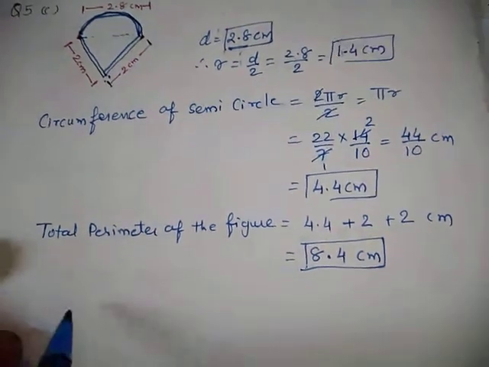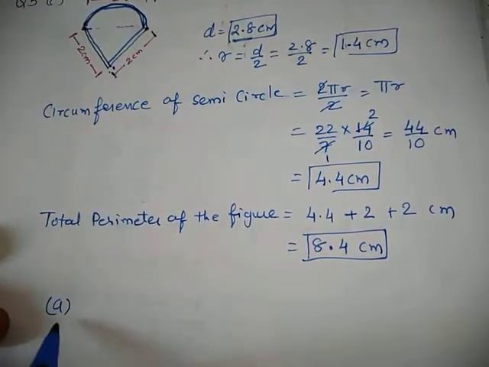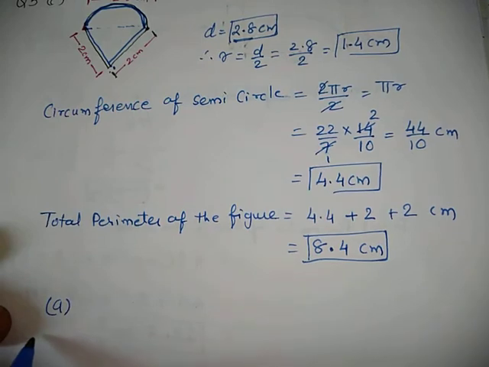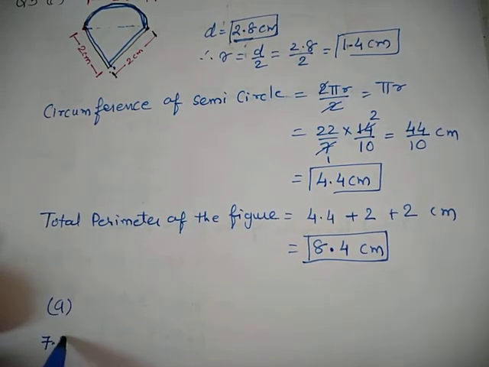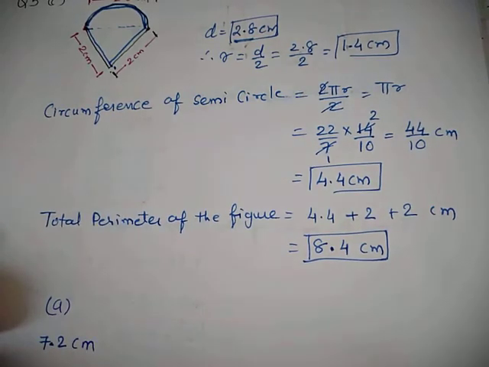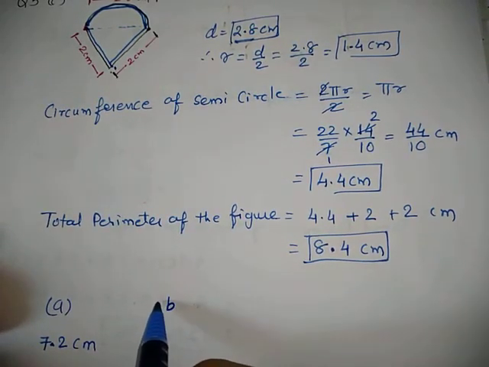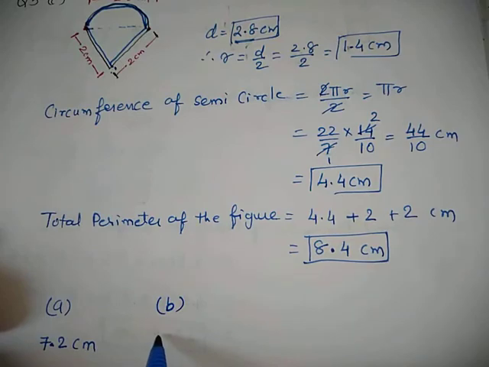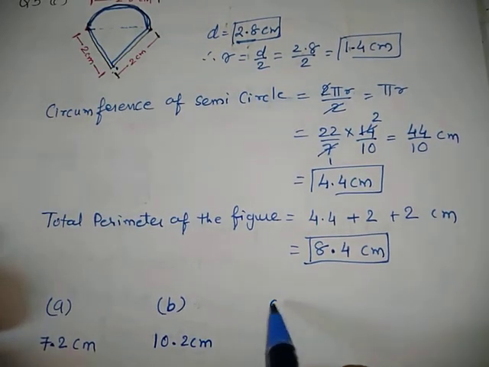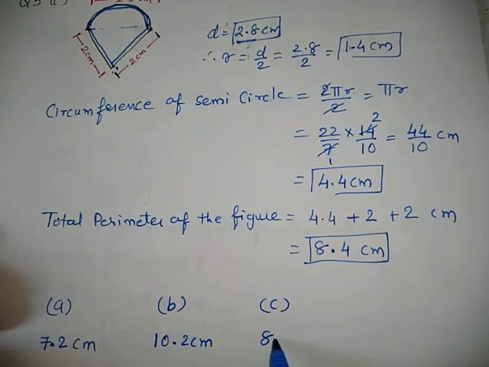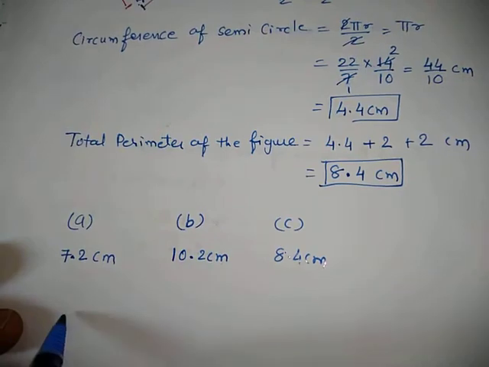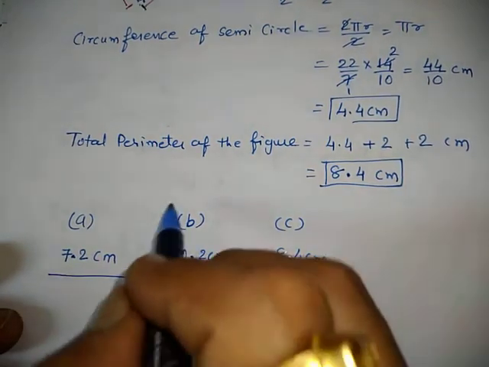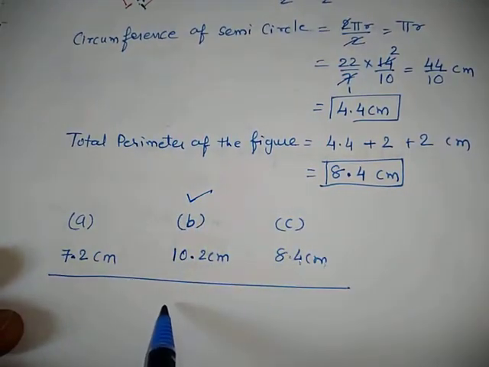Now in which figure does it travel more? In figure number A, the perimeter is 7.2 centimeter. In figure number B, it is 10.2 centimeter, and in figure number C, it is 8.4 centimeter. So out of this we find which one is greater, so B is greater.